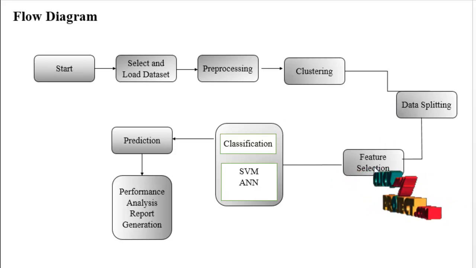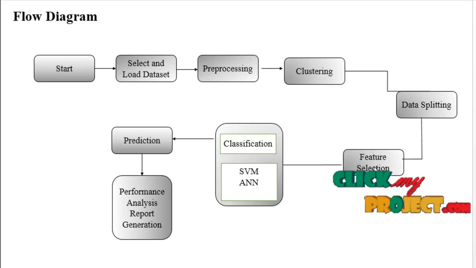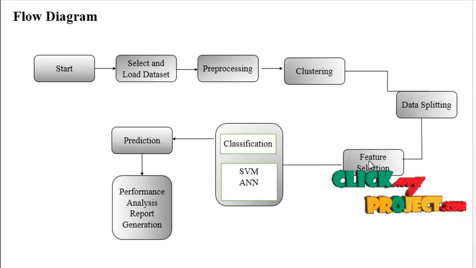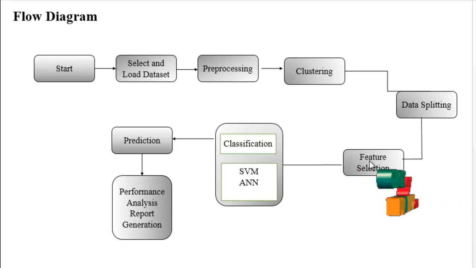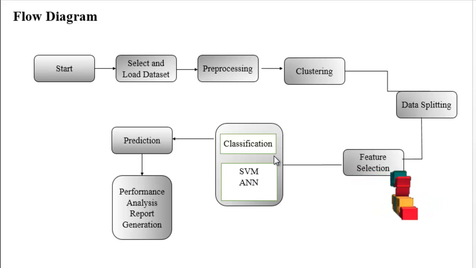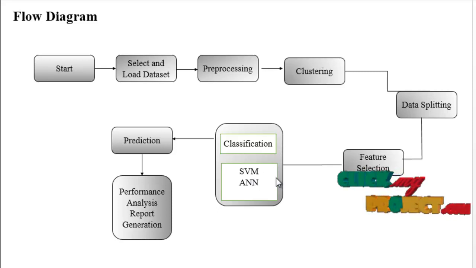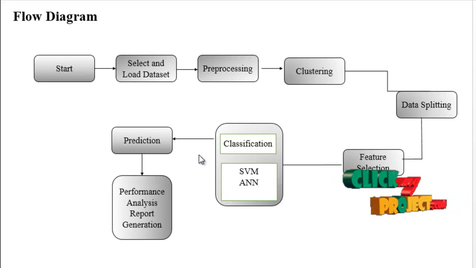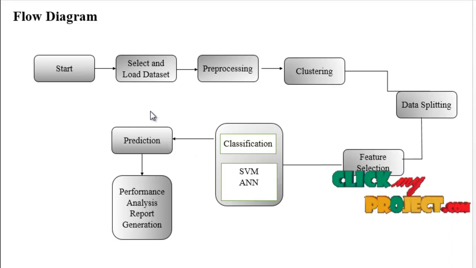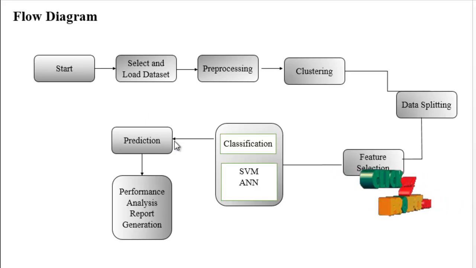If you have 25 feature columns, we want only 10, using the feature selection algorithm to get 10 data features. Next, classification. Classification is algorithm implementation: SVM, support vector machine, and ANN, artificial neural network. And then prediction, whether the given data is an IoT botnet attack or not. Next, performance analysis.